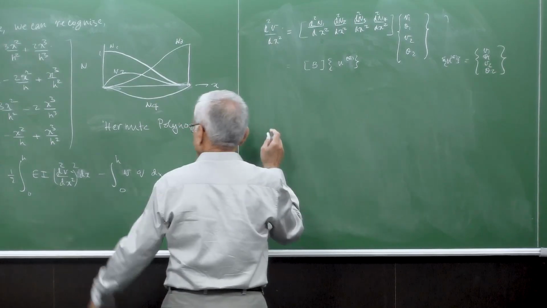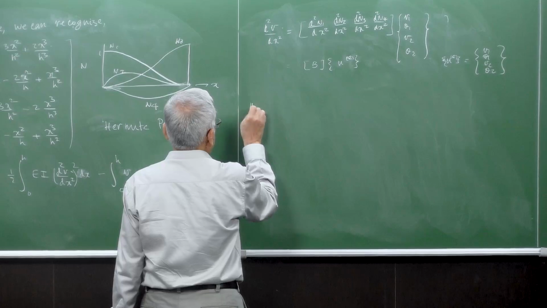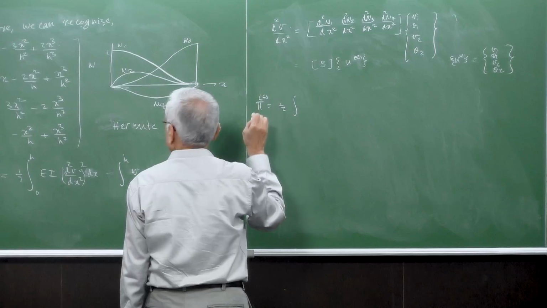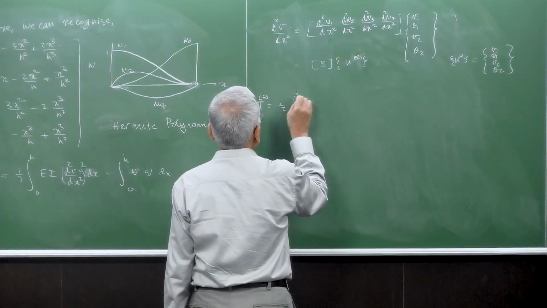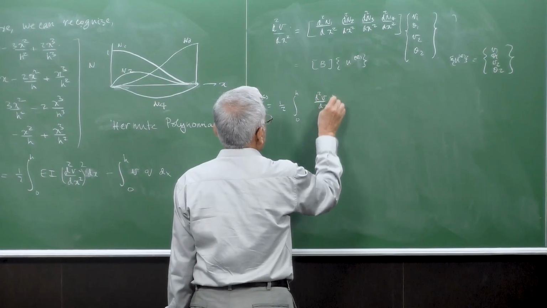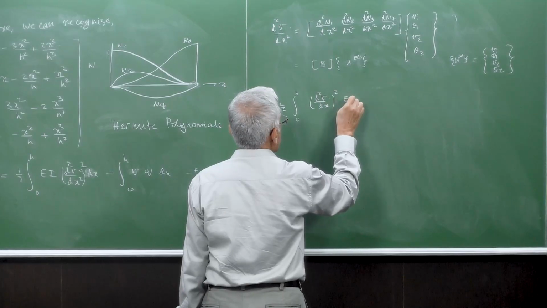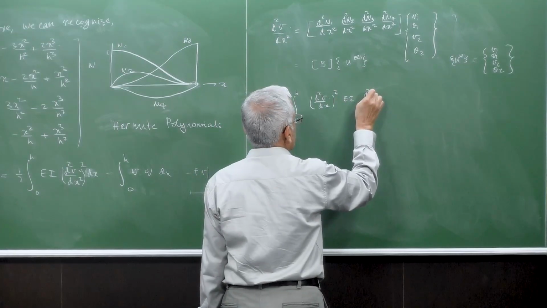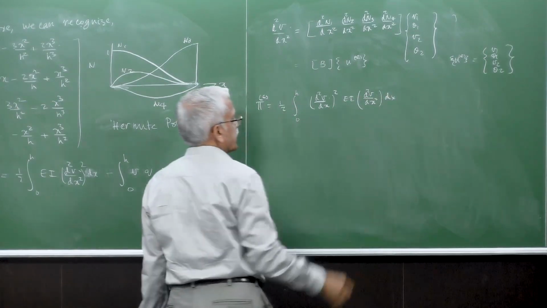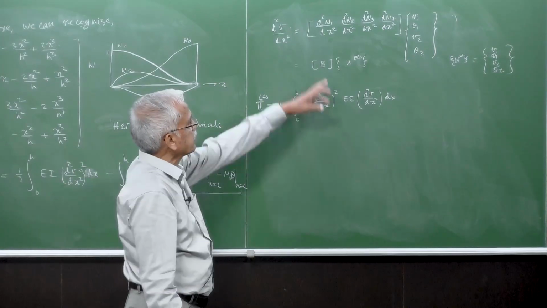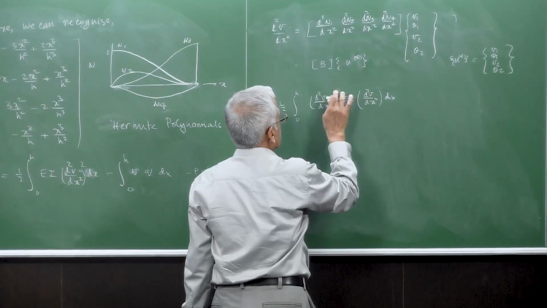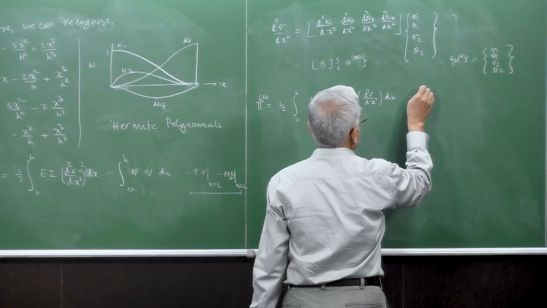So now, this is for the element. We have d square by dx square, and we split this up. This is actually a scalar, but we are trying to substitute the matrix here, so it is a transpose.